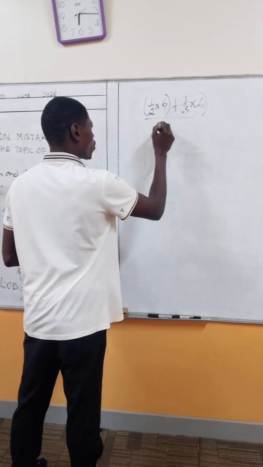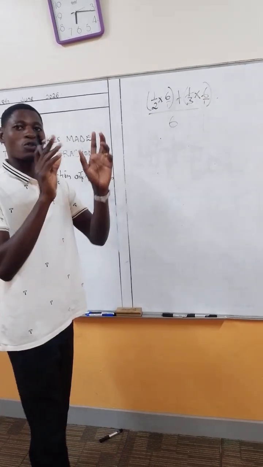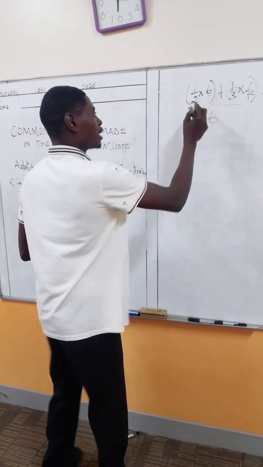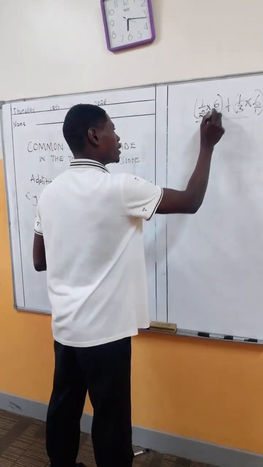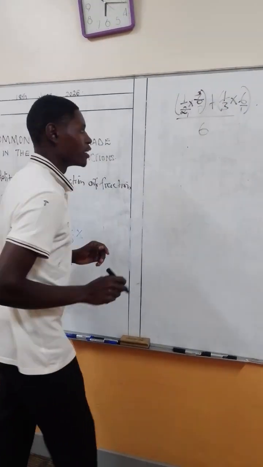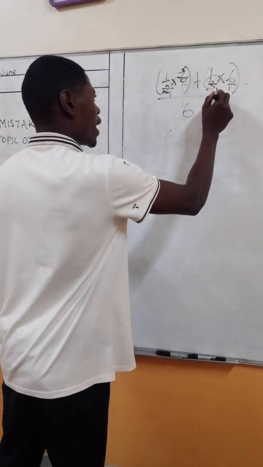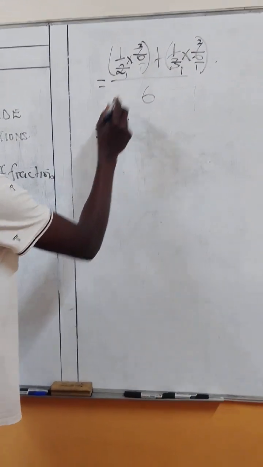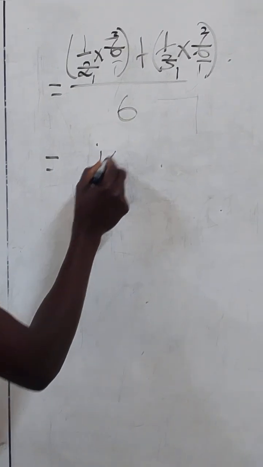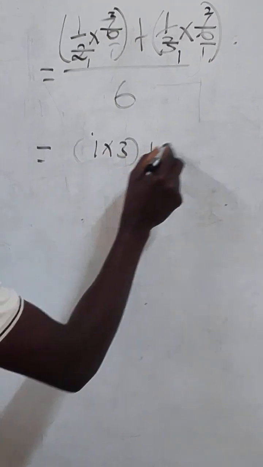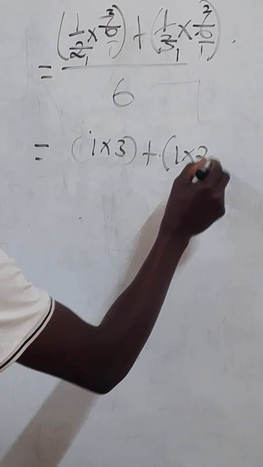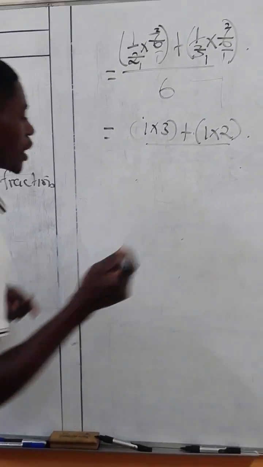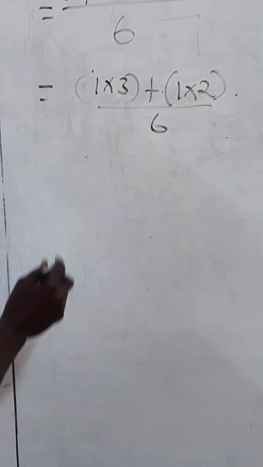So this one is out of 1, this one is out of 1. Because of that, this one is made to be a numerator. So that's why we cancel by 2, 1, by 2, thrice. Here by 3, 1, by 3, it goes there twice. Therefore, our answer will be 1 times 3 plus 1 times 2 out of the lowest common denominator, which is 6, friends.